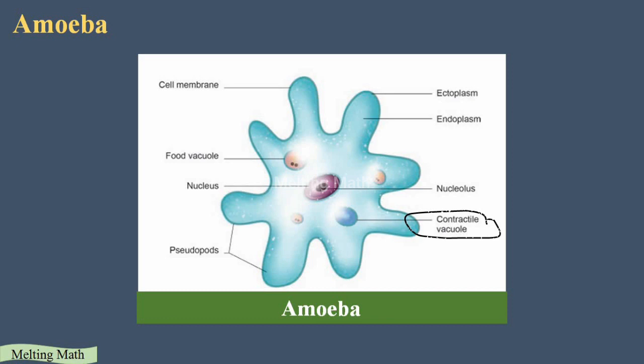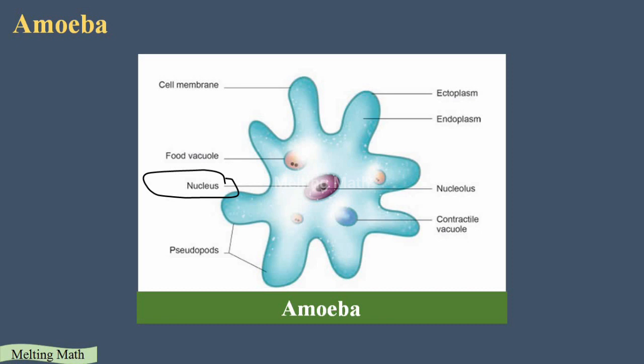Okay, next we are going to see the nucleus. The nucleus is like the brain of the amoeba or any other cell. The nucleus is the main thing. It plays the brain role in the amoeba, and it stores the genetic information.